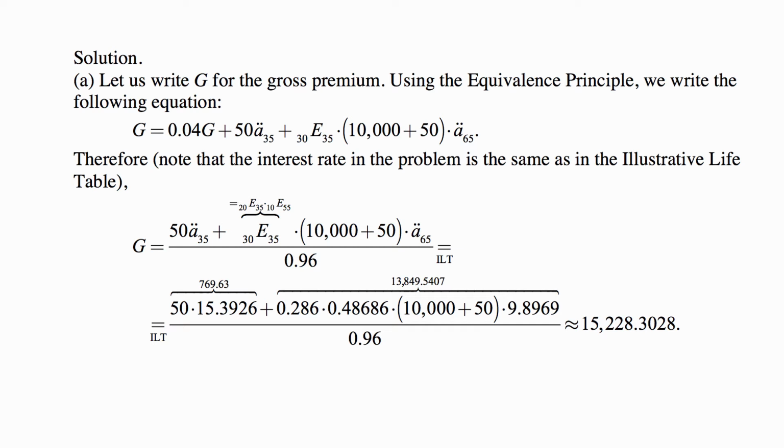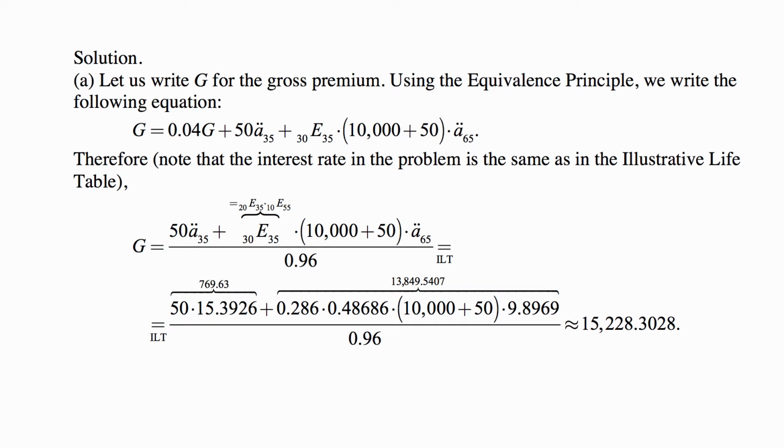So there is no pure endowment for 30 years in the table, but there is data on pure endowments for 20 and for 10 years. And we simply write the 30-year endowment as a product of 20-year endowment times 10-year endowment. You could actually go from 35 to 45 and then from 45 to 65 instead of going from 35 to 55 and then from 55 to 65.